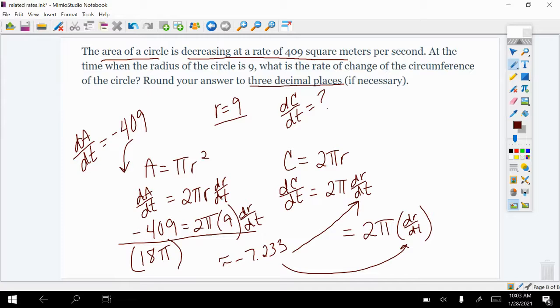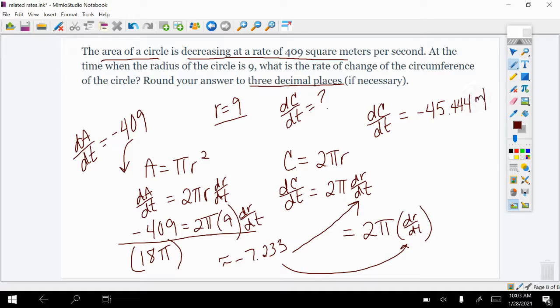I do get a negative value, and that should make sense. If my area is decreasing, then it should make sense that the circumference is also decreasing. So my dC/dt, the rate that my circumference is changing, is negative 45.444.